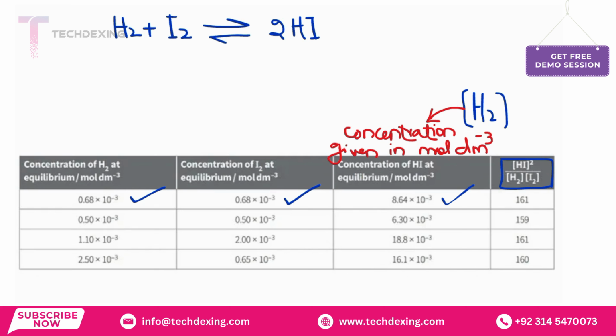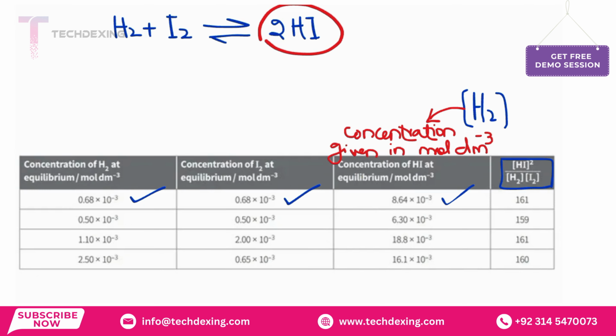Yeah. So basically when you take the ratio of the concentrations of reactants and products, it's about the stoichiometry of the balanced chemical equation. In the balanced chemical equation, you are considering 2 moles of hydrogen iodide, so your ratio of concentrations would also contain the concentration of hydrogen iodide raised to the power of 2.